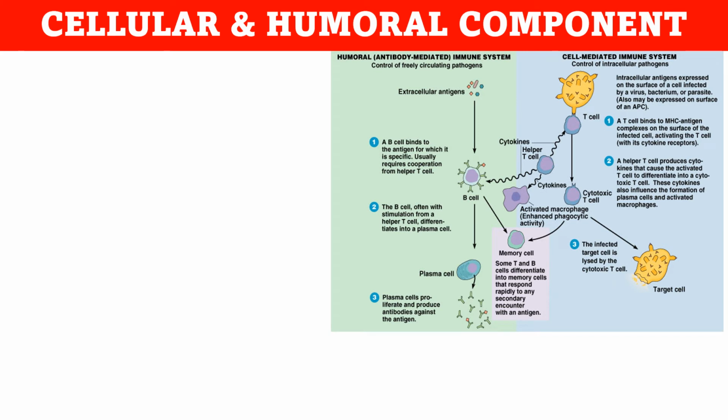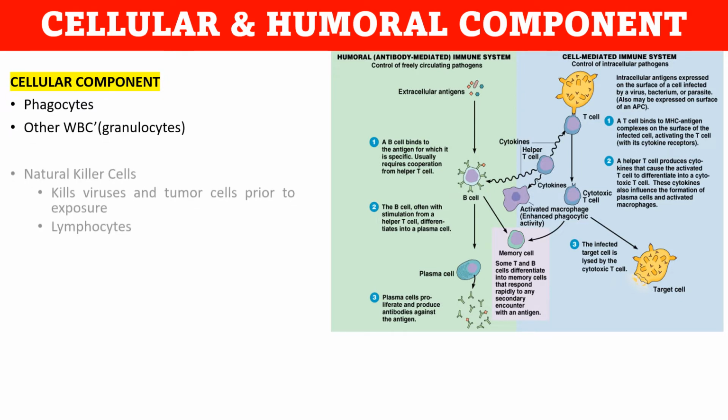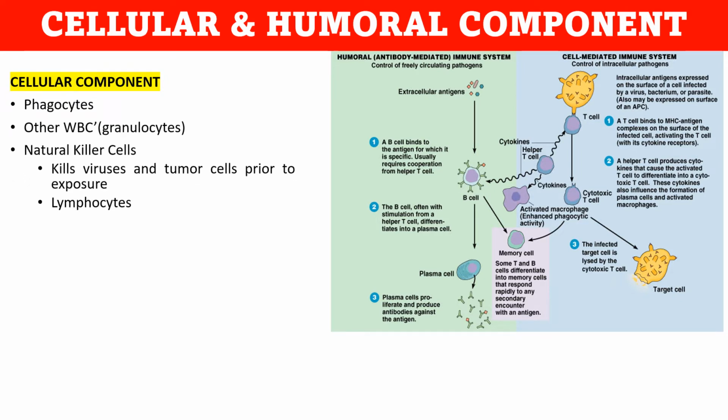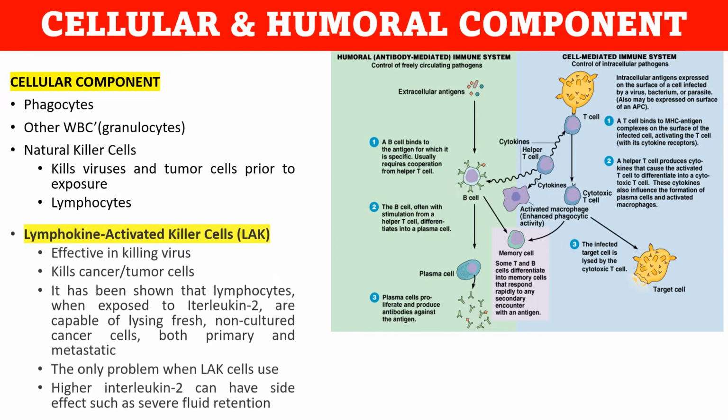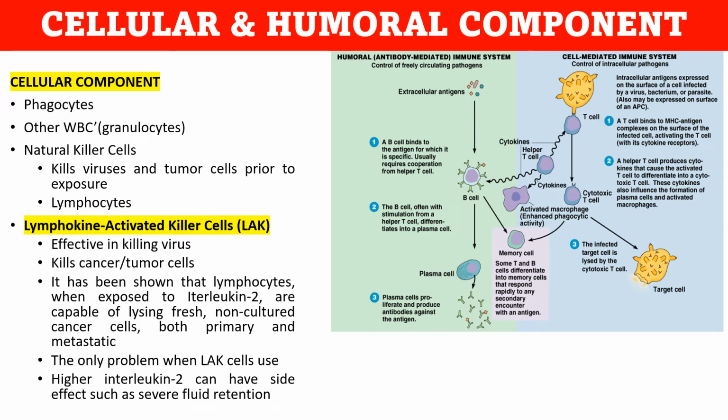Next is the cellular and humoral component. Cellular component: phagocytes are white blood cells, granulocytes, and natural killer cells, which kill virus and tumor cells prior to exposure, and include lymphocytes. Lymphokine-activated killer cell, or LAK, is effective in killing viruses, cancer, or tumor cells.